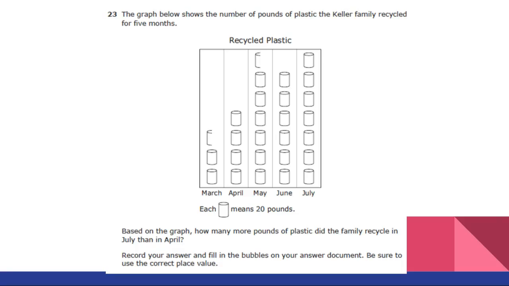Number 23. Number 23 may be a little confusing because there is a visual, but the answer, if you look at the very bottom, for the answer choices, record your answer and fill in the bubbles on your answer document. So this one is a griddable.